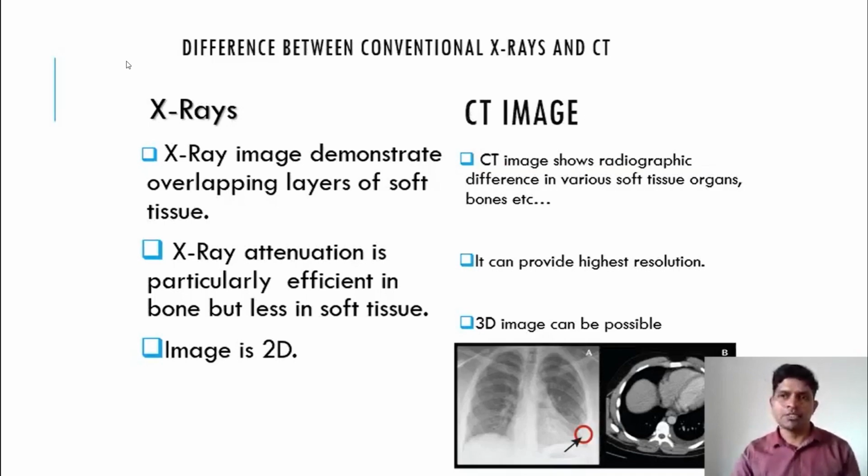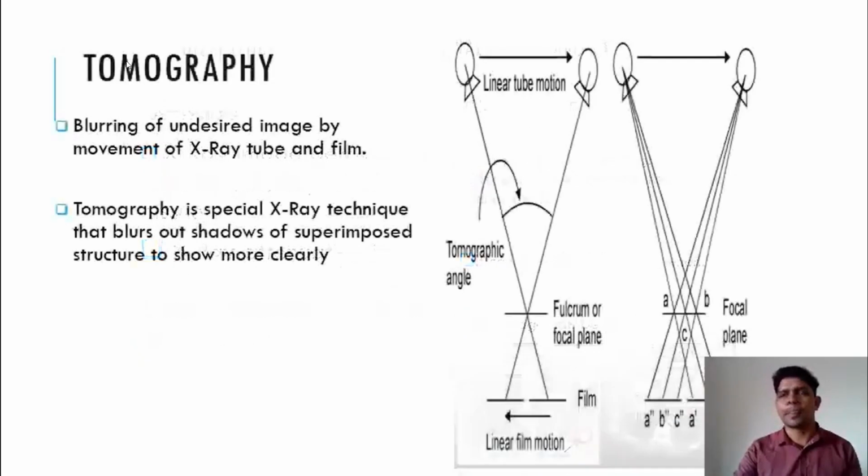Better, when the CT image was developed, we started getting a 3D image, where we get high resolution images. It shows the various soft tissue organs, bones, and inner slice or cross-sectional images, we are able to see.